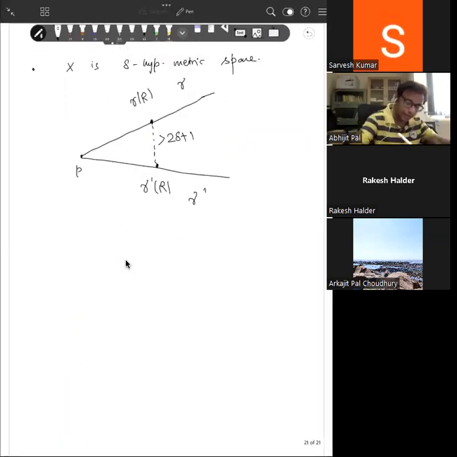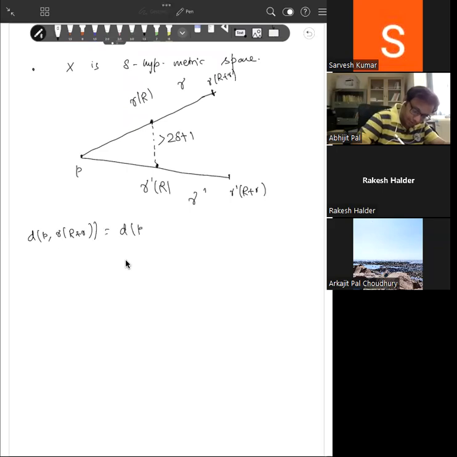Now let us take these points, gamma of R plus r and gamma prime of R plus r. The distance from P to gamma of R plus r is equal to the distance from P to gamma prime of R plus r.